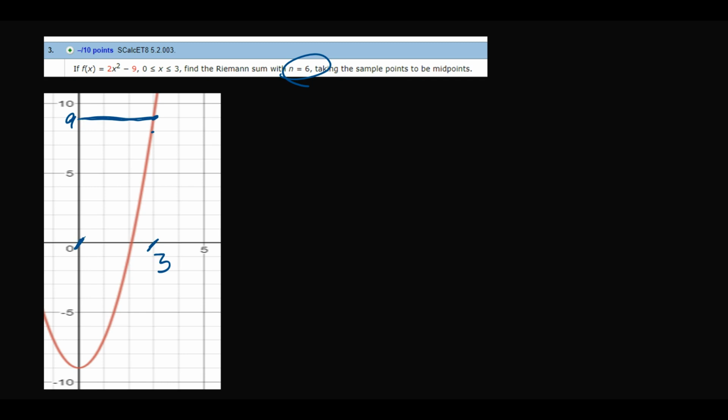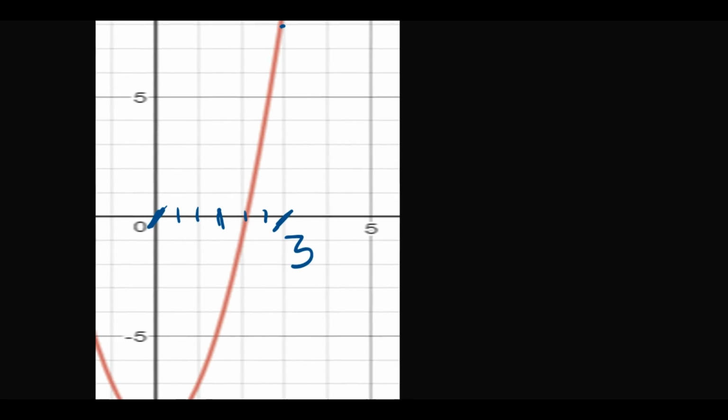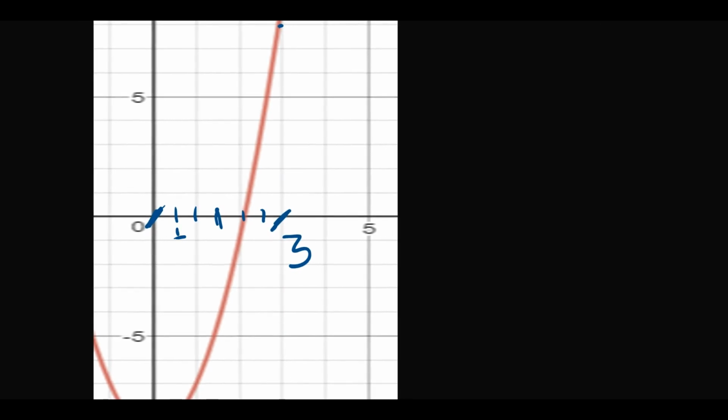It looks like at the half points we've got it. So this will be at 1/2, and then at 1, and then 3/2, and then at 2, and then at 5/2, and then finally at 3.